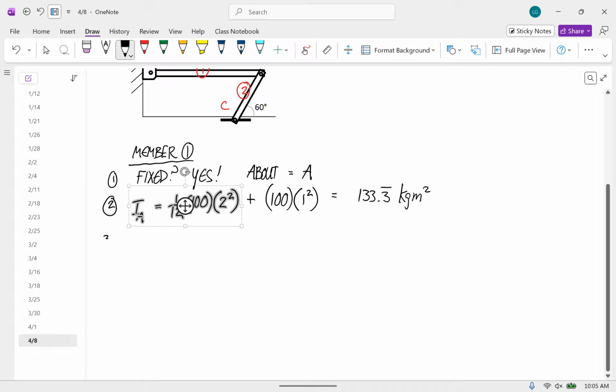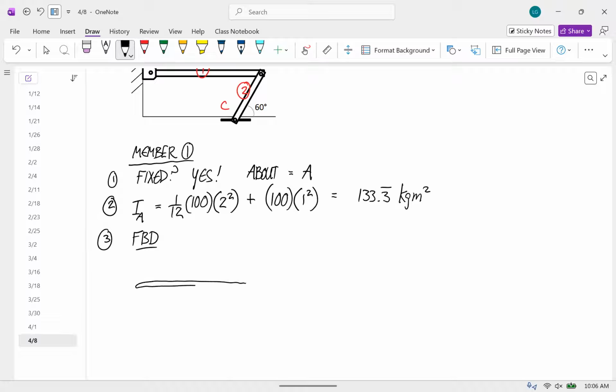And now I'll do the free body diagram. There is a weight force acting at the center of mass. That's 100 times 9.81, so 981 newtons. Over here, there is a reaction force with the wall. I'll call that RA.